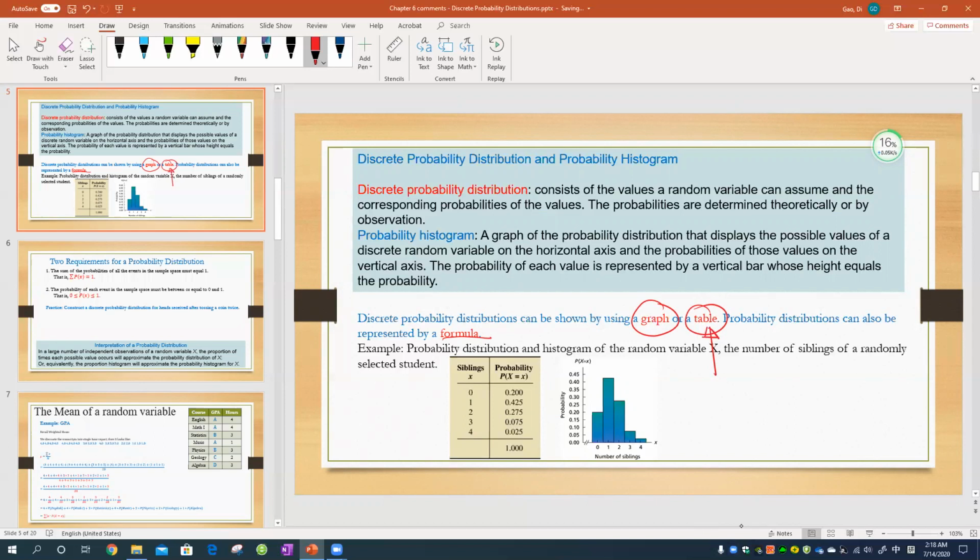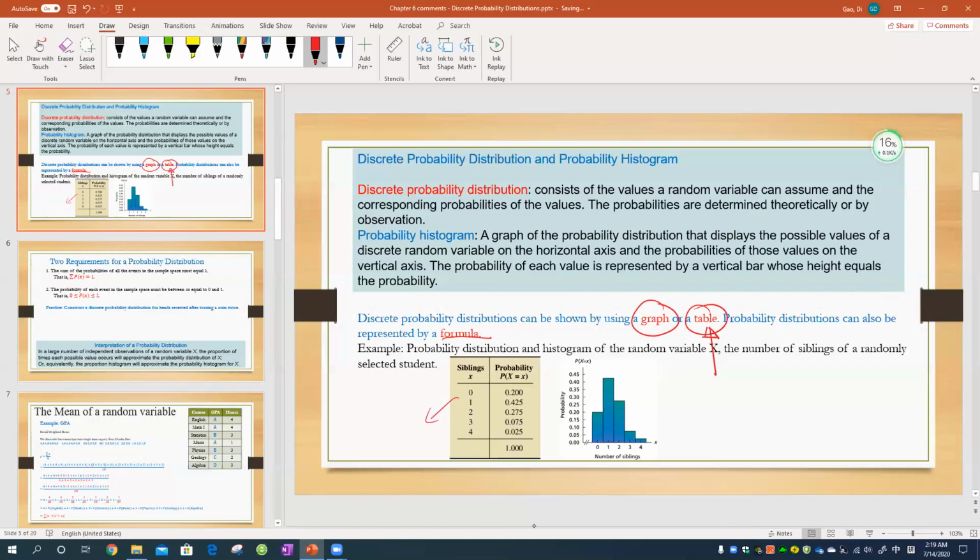For example, the probability distribution and histogram of the random variable X, which is the number of siblings of a randomly selected student. The possible values we can have are 0, 1, 2, 3, 4, just up to 4, and we don't consider more than 4, or we don't observe it. The corresponding probabilities are listed, and this is a table representing this random variable.